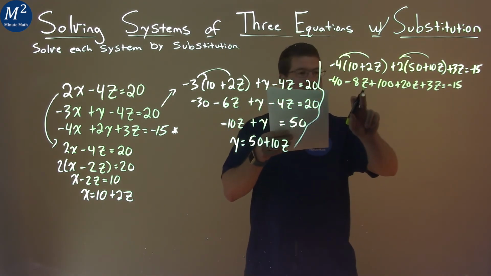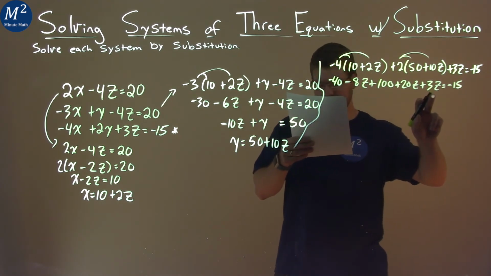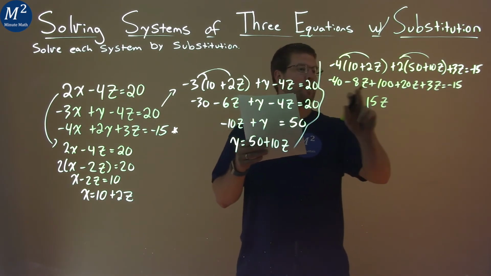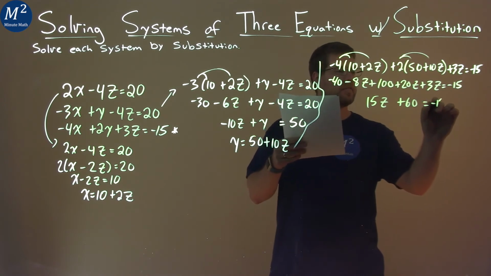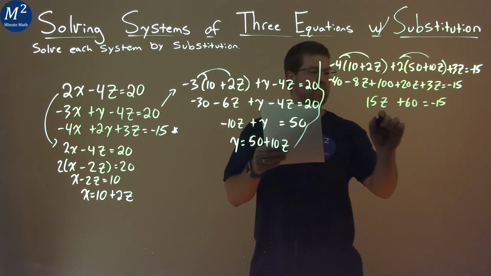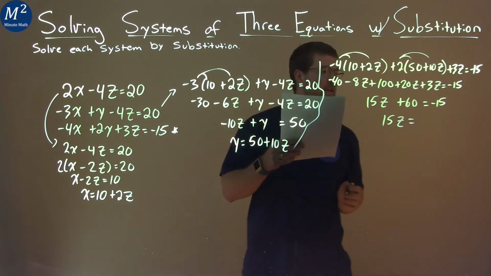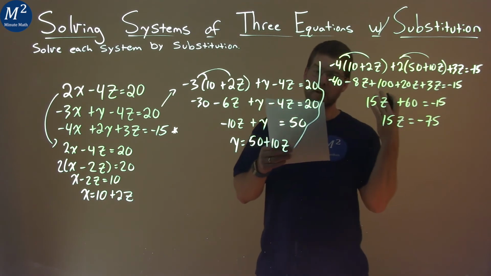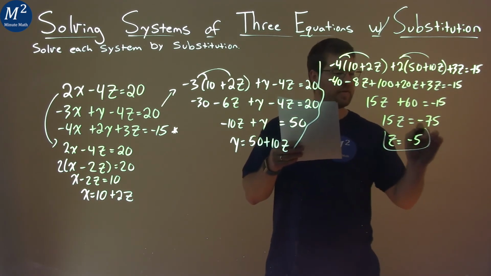Negative 8z plus 20z plus 3z comes out to be a 15z. Negative 40 plus 100 is a positive 60 equals negative 15. Subtract 60 from both sides. 15z equals a negative 15 minus 60, which is a negative 75. Divide both sides by 15, and z equals a negative 5.